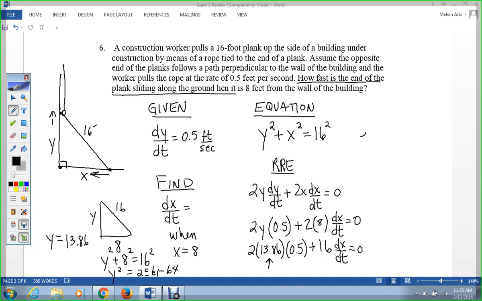So if we solve for this, we get dx/dt, and now this would give us a negative value, so we get negative 0.866. Oops, I was rounding to the hundredth, so let's go with 0.87, and that would be feet per second.